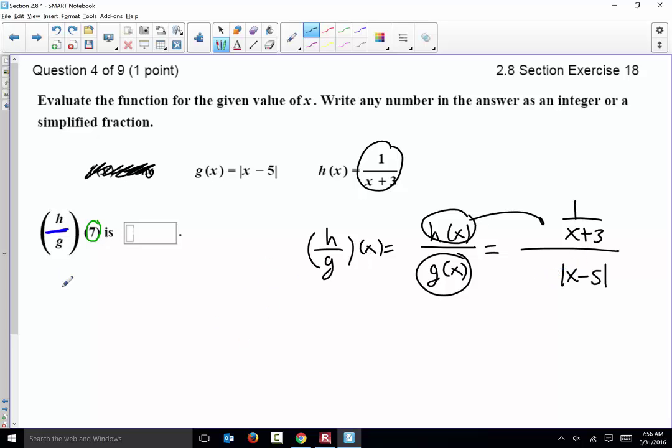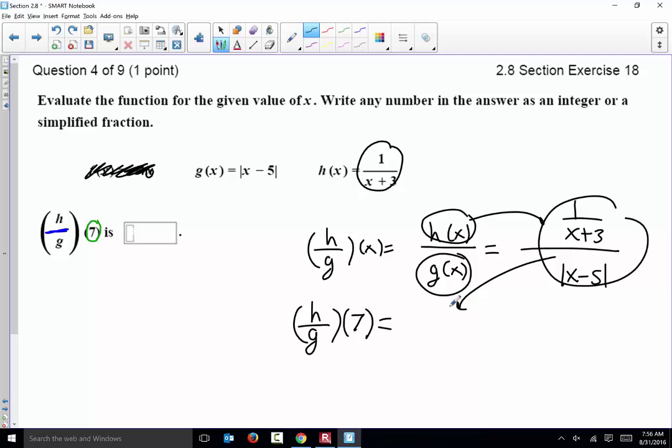It wasn't. What is asked then? They want instead h over g with 7. All you need to do is flip all x's into 7. So it's 7 plus 3.